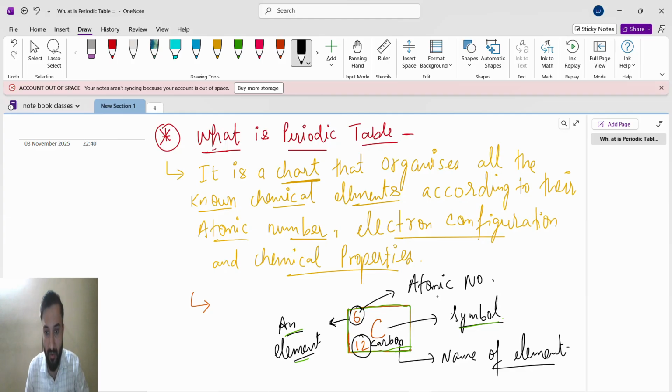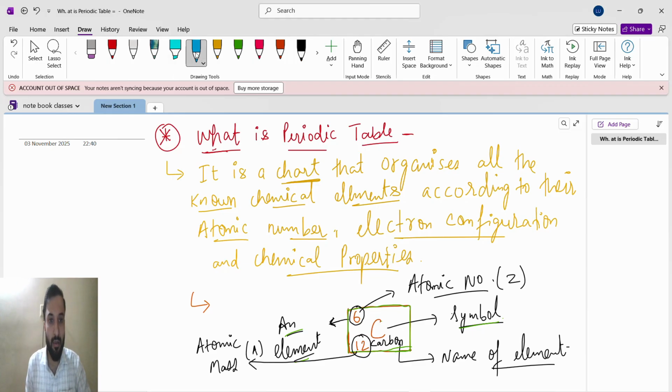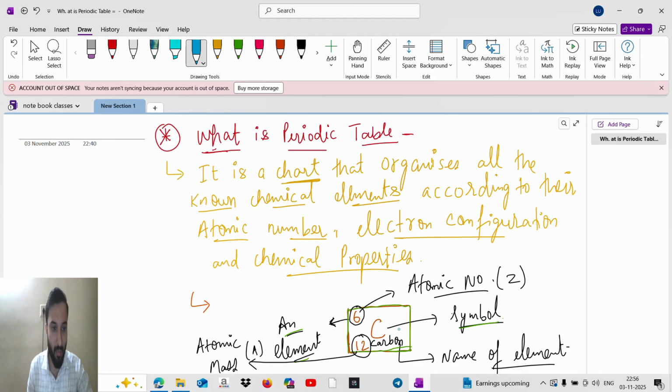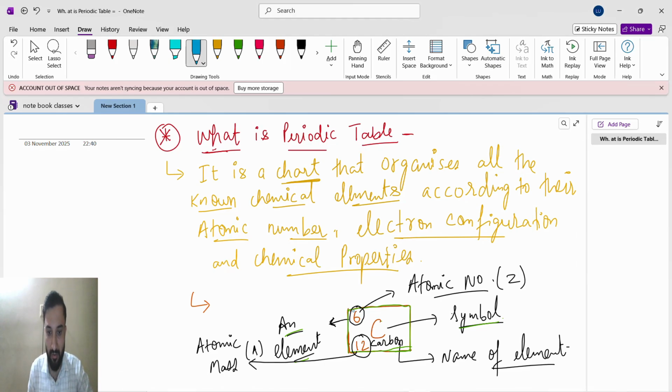Okay guys, understand one thing: every time we will get two numbers. The lowest number is called the atomic number, which is represented by Z, and the highest is called the atomic mass, represented by A. So the smallest is called the atomic number, and the largest number is the atomic mass.